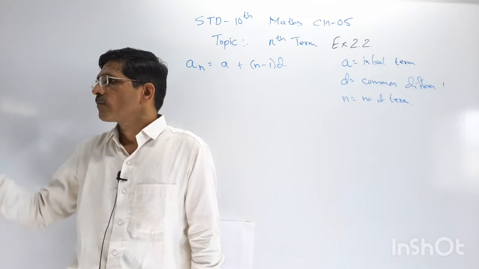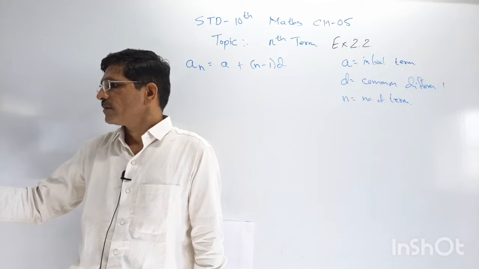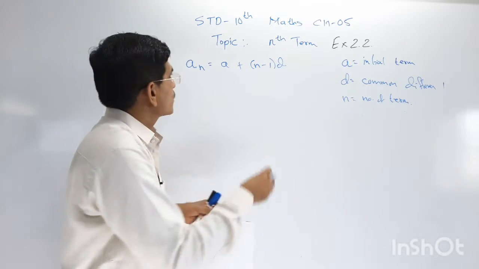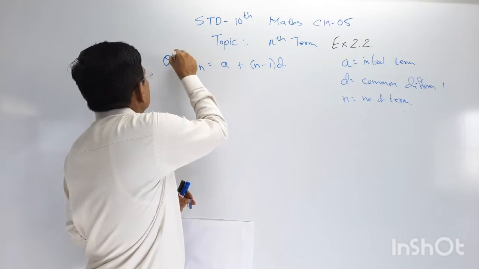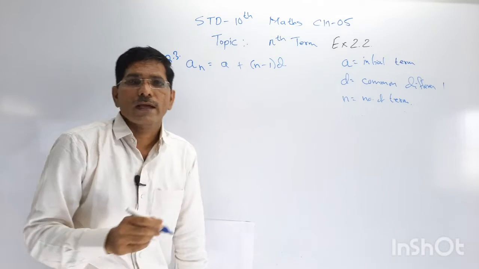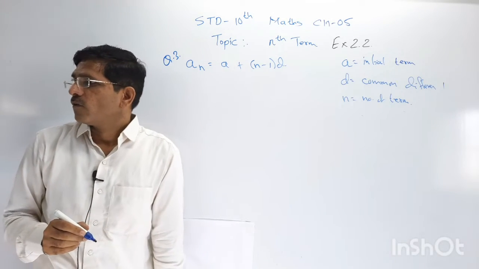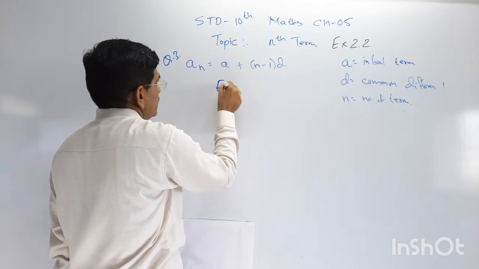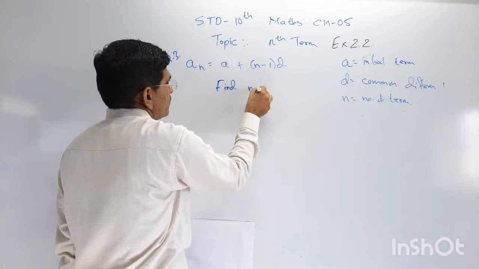Now for the next sum, that is question number 3. In question number 3, find the missing term of the AP.